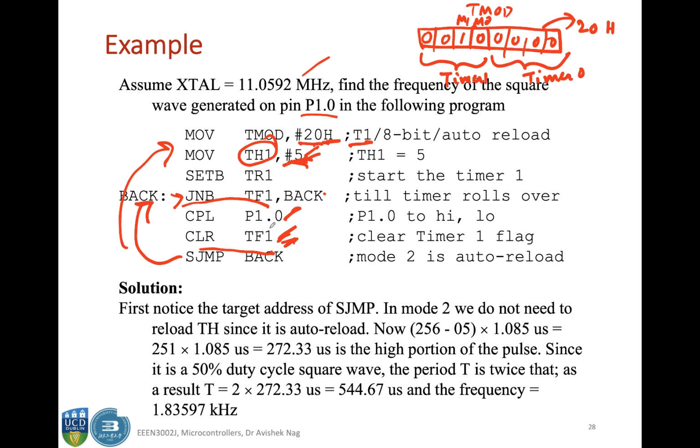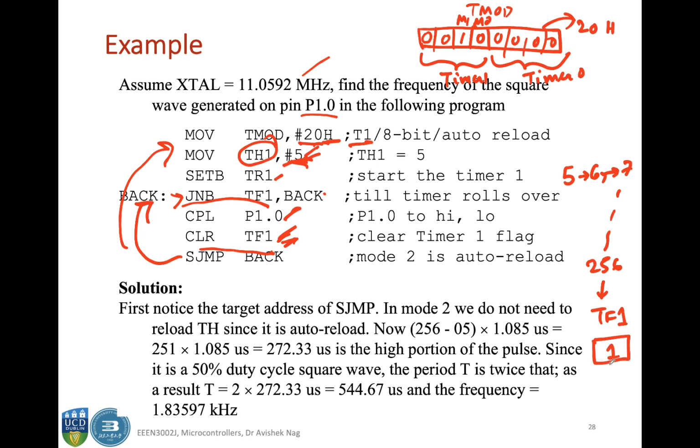So the clock is running, and your timer is also on. It starts counting from 5 in this example, counts to 6, then to 7, and so on. Once it reaches 256, it finishes counting, and at this stage your TF1 gets set to 1.